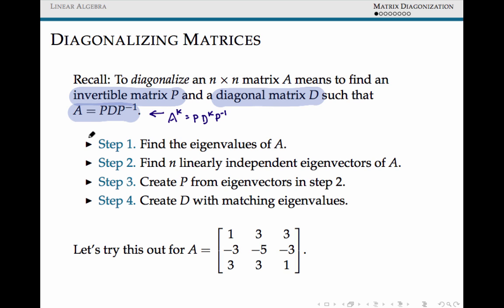So our 4 steps for calculating this diagonalization are: we start by finding the eigenvalues. We'll do that, at least in this course, by looking at the characteristic polynomial, calculating the determinant of A minus lambda I n and finding the roots in terms of lambda.